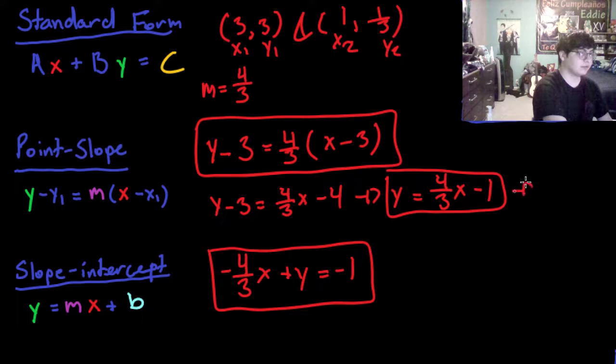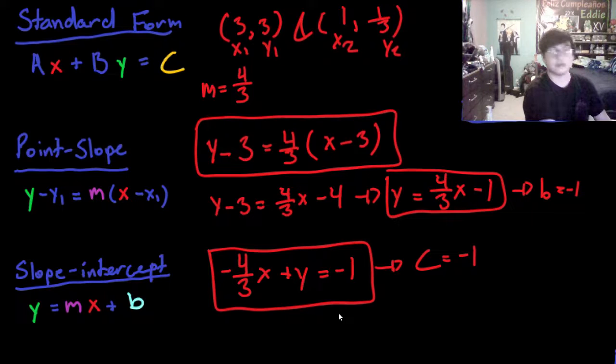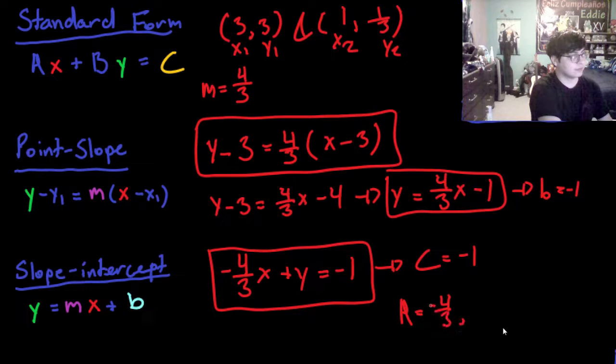In this part, note that b is equal to negative 1, and our c is also equal to negative 1. Though things can change, it's not always going to be like that, but it's just a nice pattern to see, along with a over here being negative 4 over 3, and b still being 1.